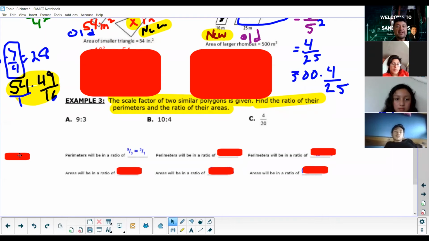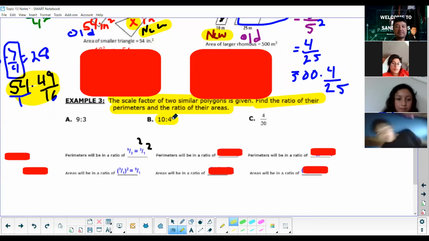Now, if you took this and squared it, okay, what would be the amount? 9 over 1, because 1 times 1 is 1. All right. Marcus, so do the next one for us. Do 10 over 4.